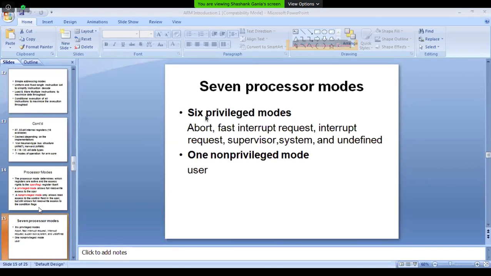We have 6 privileged modes, namely abort mode, fast interrupt request mode, supervisor mode, system mode, undefined mode, and interrupt request mode, and 1 non-privileged mode of operation called user mode. I will be briefly describing these modes of operations shortly.